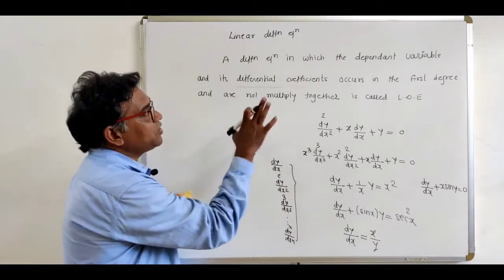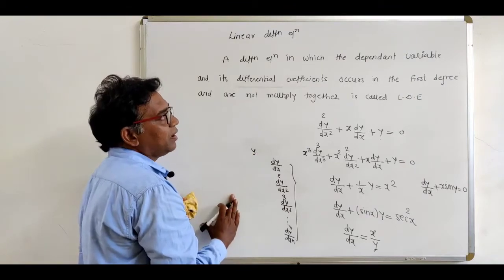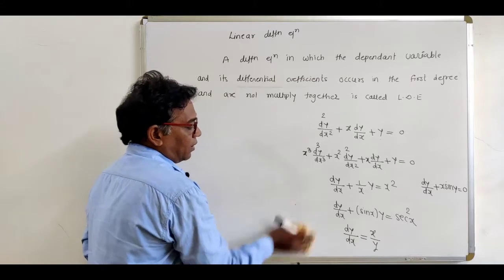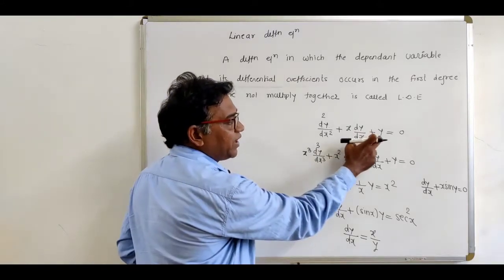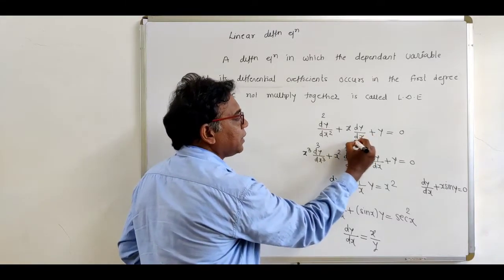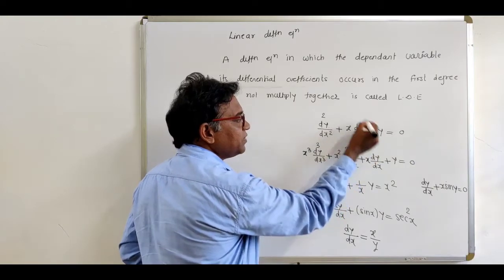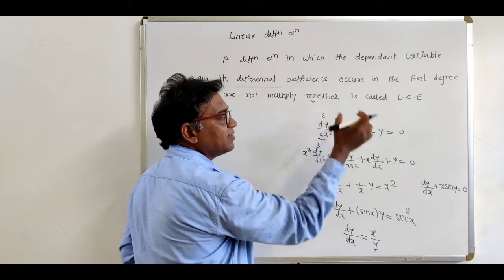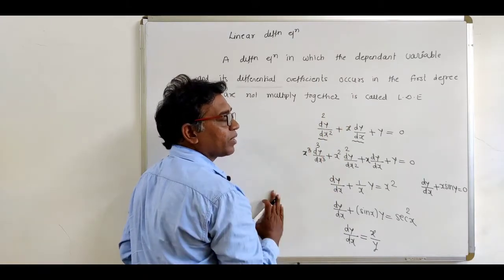So see, what is the definition of linear differential equation? A differential equation in which this dependent variable y and its differential coefficient, meaning dy by dx or d2y by dx2, has just degree 1.